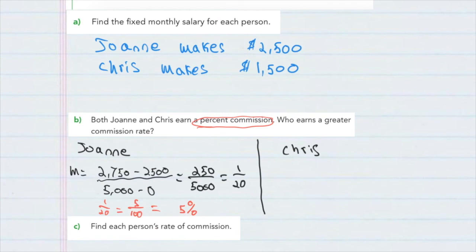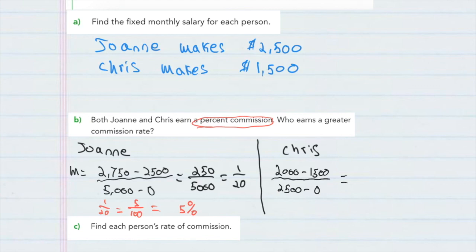So for my change in y values, I have 2,000 minus 1,500, dividing that by my change in x values, which is 2,500 minus 0.